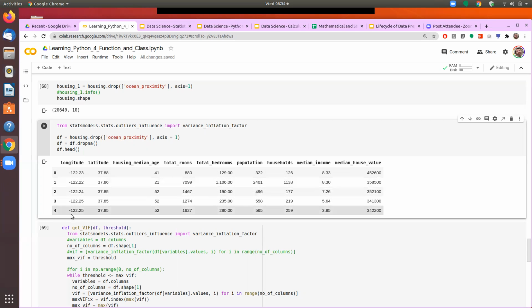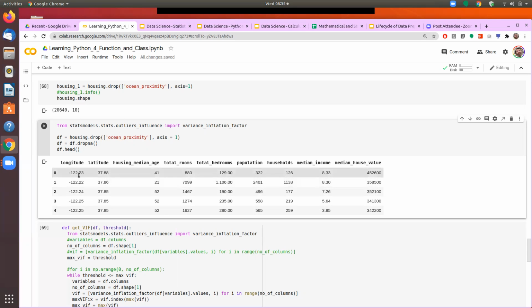So it will compute the VIF. So it will first compute the R square for each feature. Then it will compute the VIF of each feature. If the VIF is beyond the threshold, then I am dropping it. So having dropped longitude, it will again compute the same thing. Now it will compute the R square, but longitude is not in my data set now because longitude has been dropped.